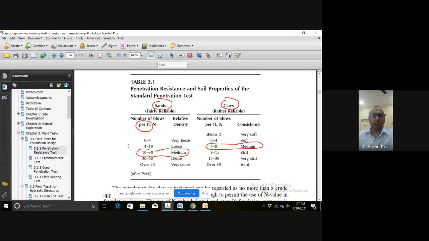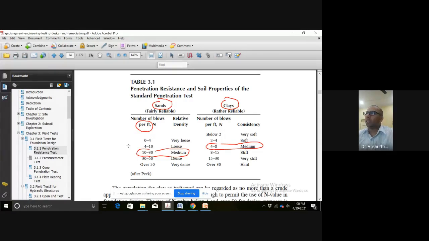Now you can see for a sand, reaching 12 inches will take 10 to 30 blows, whereas in clay, it will take 4 to 8 blows to reach 12 inches.